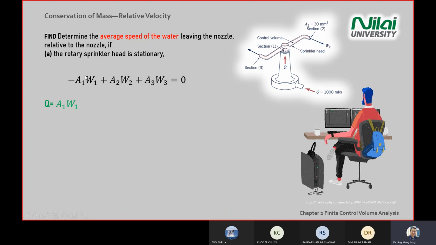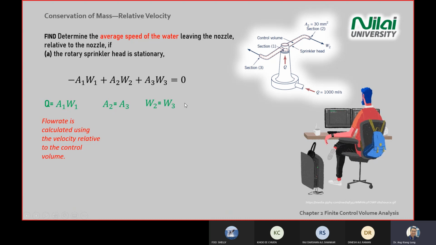So try to look for Q, or volume flow rate, when you have area times velocity. Right, so this is a relative velocity, so you still get Q. All right. So I make some note there. Area 2 equal to area 3 is the same.